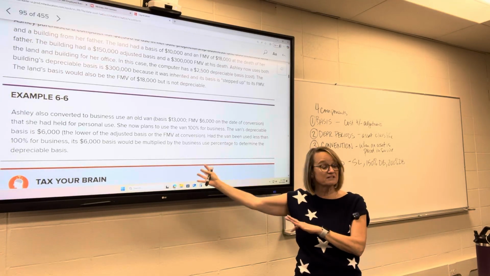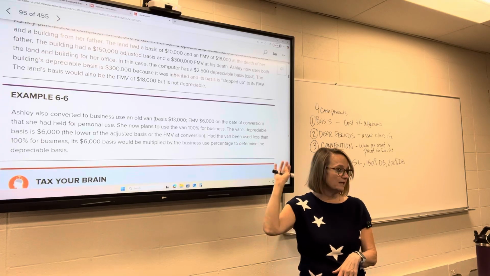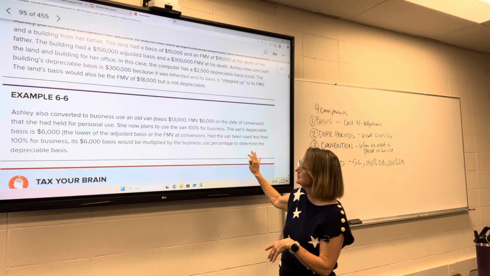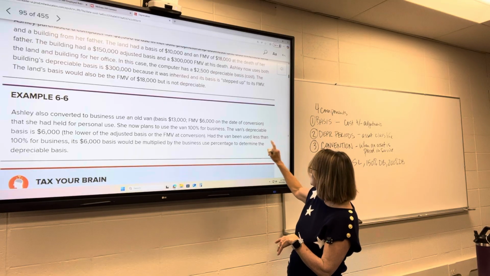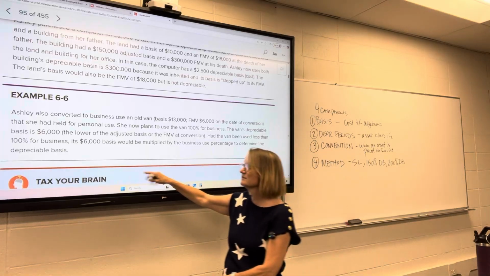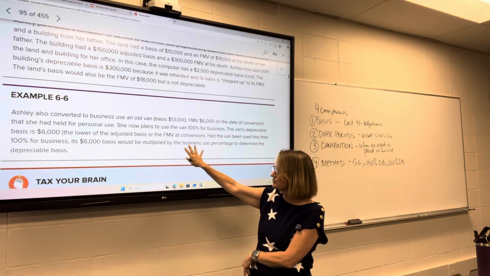That makes sense because a van is something that depreciates over time. It does not gain in value unless it's like an antique car or something like that, but then she wouldn't be using it in her business. So had the van been used less than 100% for business, and this is just kind of an aside that we'll talk about this concept a little bit later too.